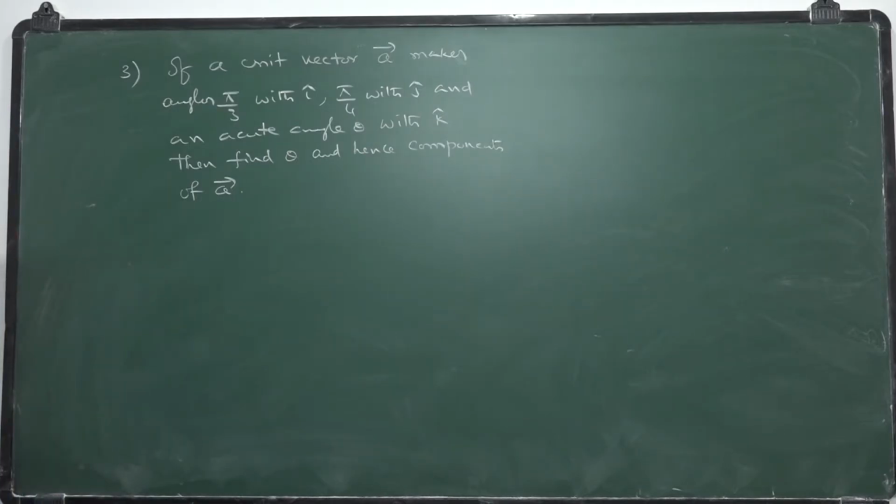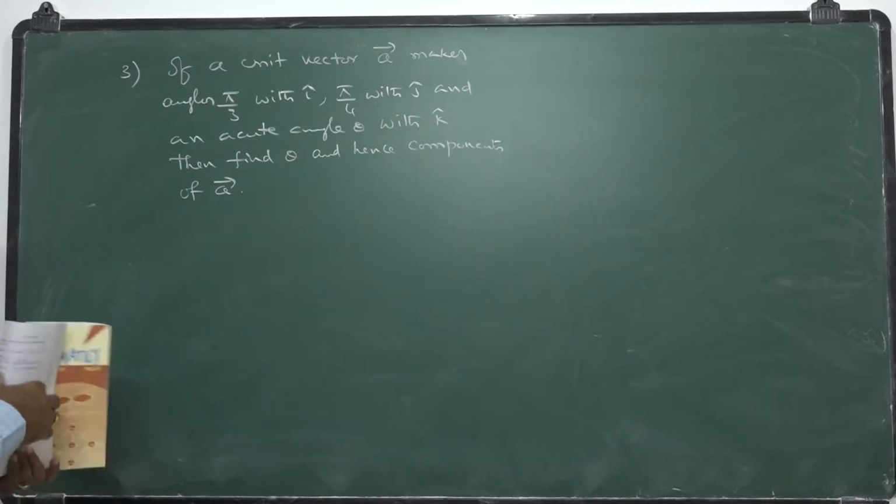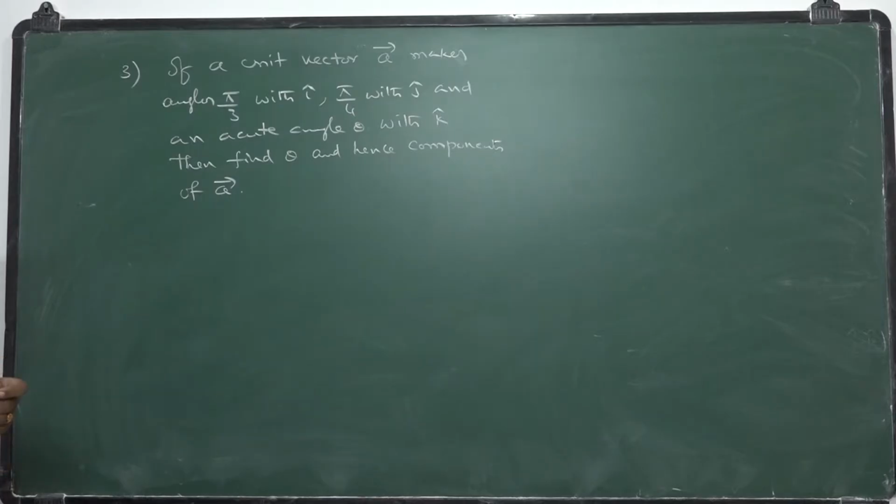If a unit vector a bar makes angles pi by 3 with i, pi by 4 with j, and an acute angle theta with k, then find theta and hence components of a bar.